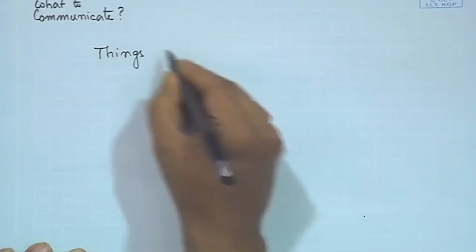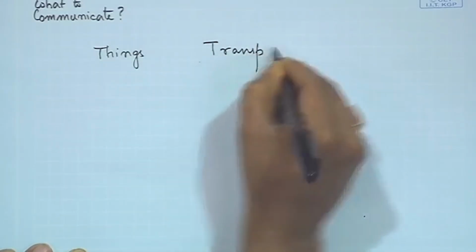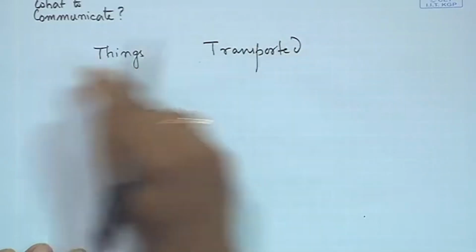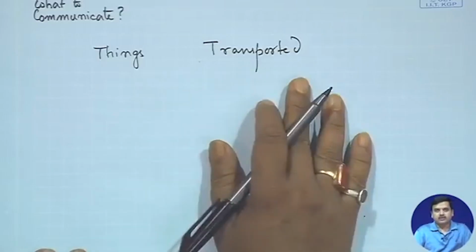We want things to be transported from one end to another end, so we have to design a transportation system. That is like pure hardware and big bulk things, but it is somewhat analogous to communication. Let us see how it rings a bell towards the design of communication systems, or the basic questions that one should ask.